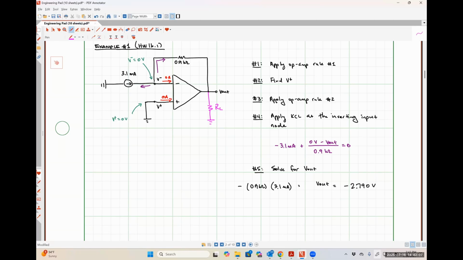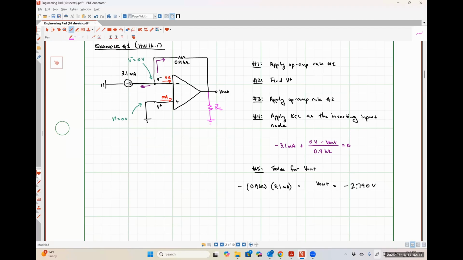For an ideal op amp, as long as our load resistance isn't zero, meaning that we are short circuiting the output node directly to ground and forcing V out to be zero, the value of RL is completely and utterly pointless from a circuit analysis perspective. In a real system, the value of RL is actually important because it determines how much power is delivered to your load and all of that kind of good stuff.